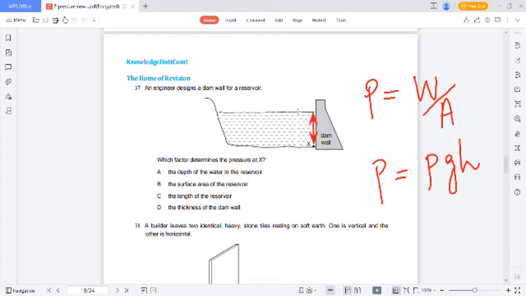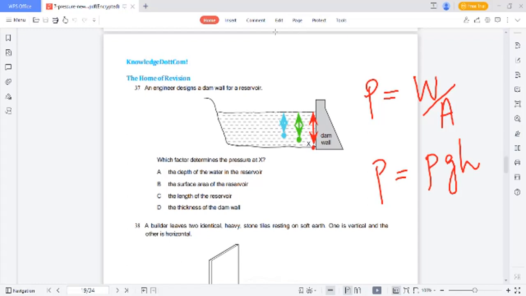If the point would be somewhere here, its depth will be different. Suppose x is somewhere here, x is somewhere here, and x is somewhere here. We have three different points.